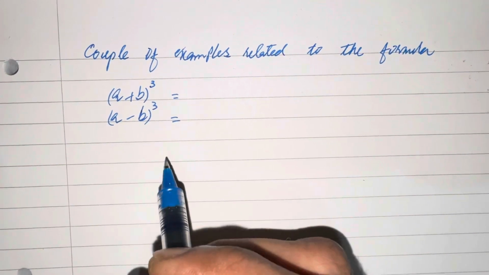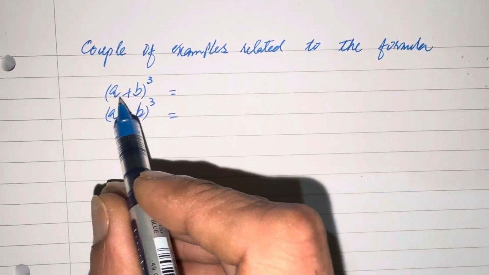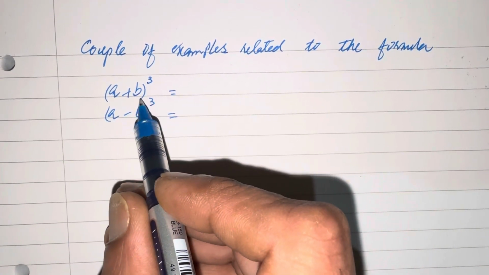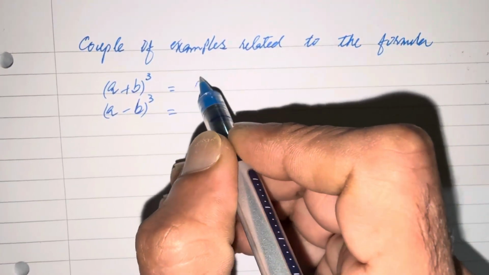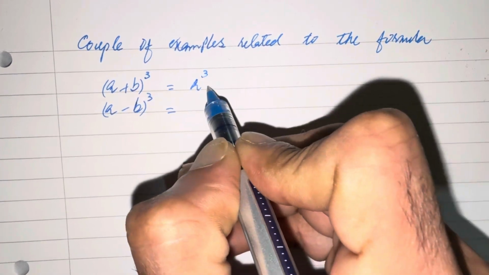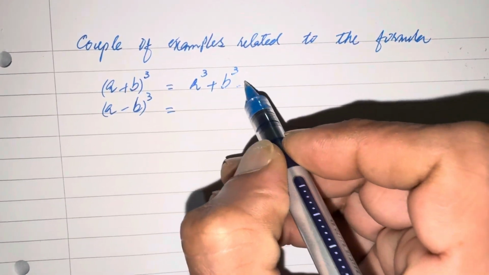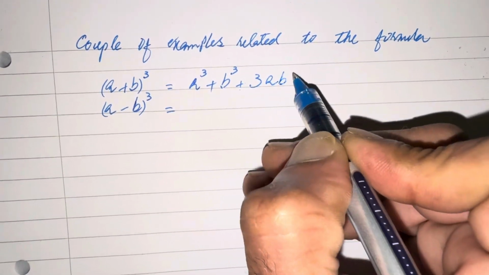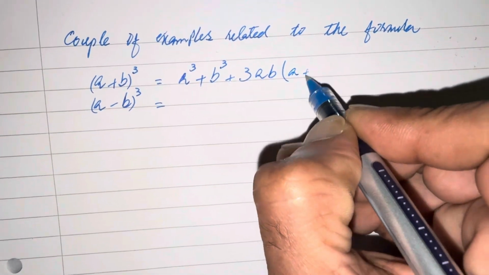As we have already read about these formulas, that a plus b, when two variables are adding with each other and we take the cube of them, it will be equal to cube of first plus cube of second plus 3 into first into second into first plus second.